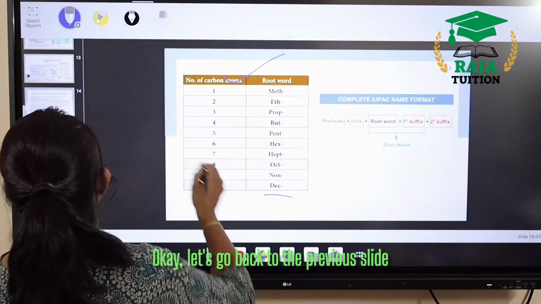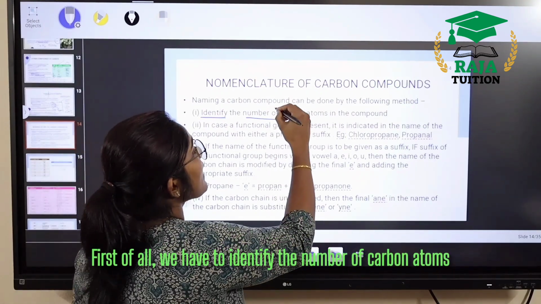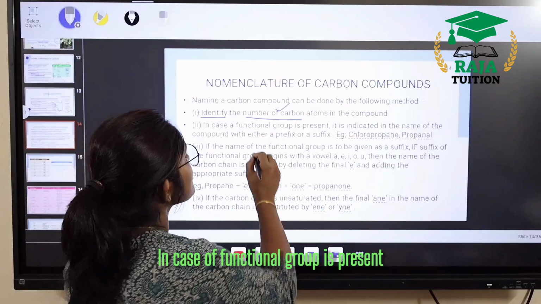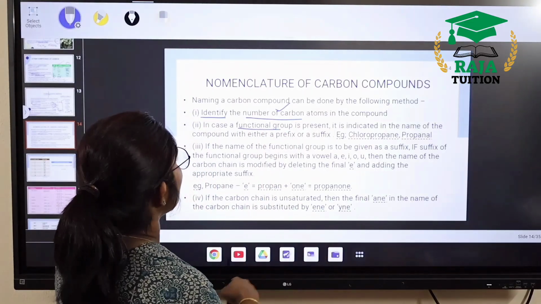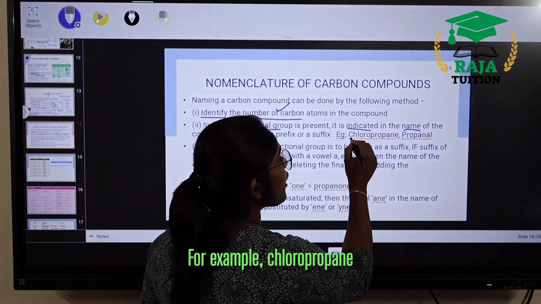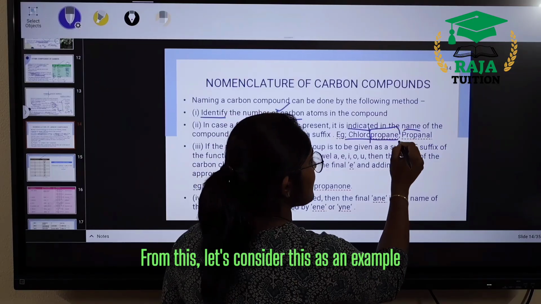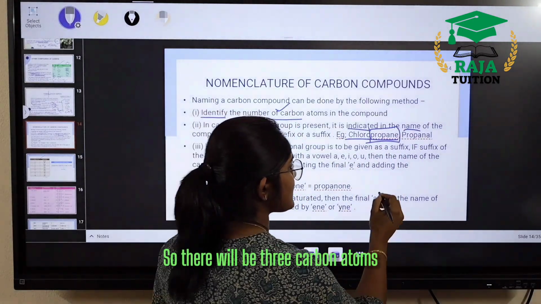Let's go back to the previous slide. Nomenclature. First of all, we have to identify the number of carbon atoms. If a functional group is present, we have to identify that and its name has to be indicated in the name. For example, chloropropane. Propane means there will be 3 carbon atoms.